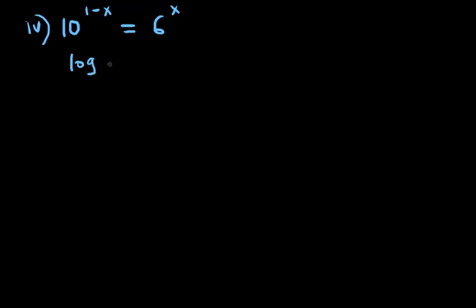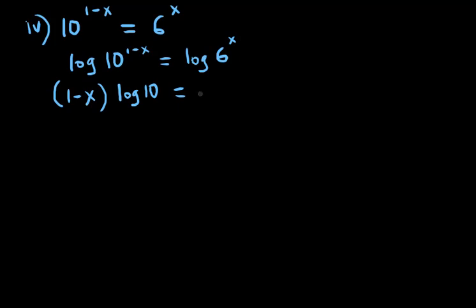So that will be log 10 raised to the power 1 minus x is equal to log 6 raised to the power x. So the powers can then drop. We'll have 1 minus x times log 10 is equal to x times log 6.